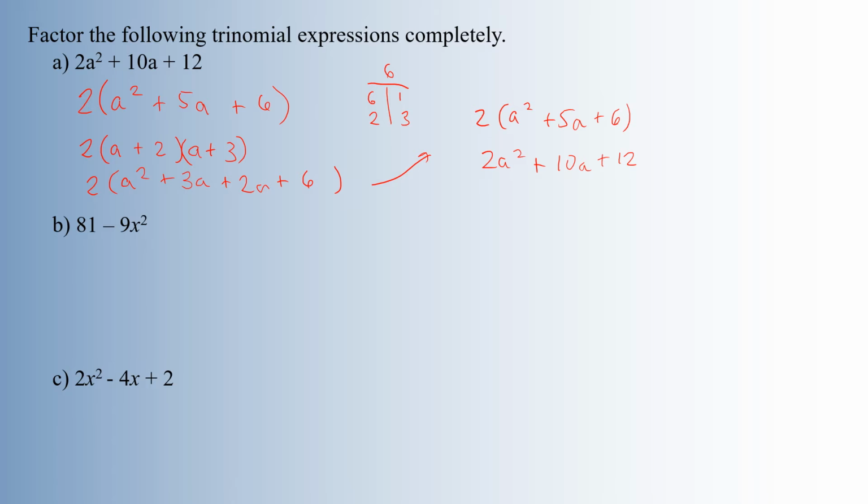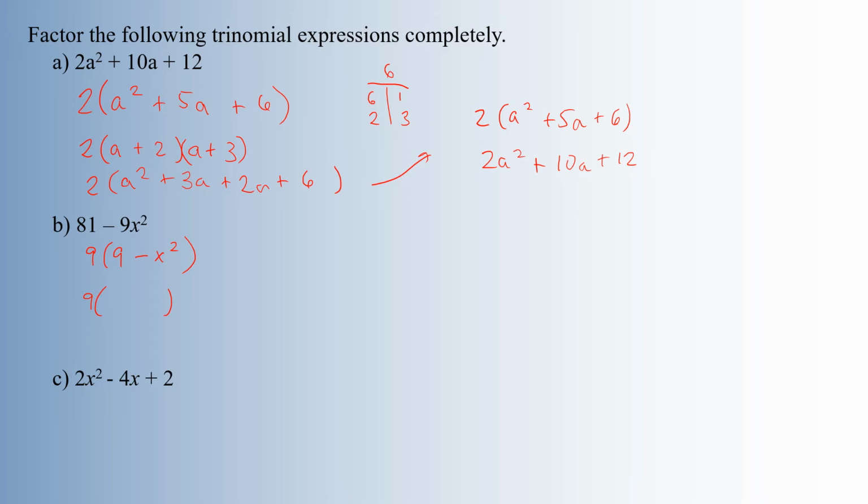Let's take a look at b here. We have 81 minus 9x squared. I'm looking for a greatest common factor, and that's going to be 9. So 9, now I have the parentheses, 81 divided by 9 is 9, and minus 9 divided by 9 is 1, so x squared. Okay, so now I'm going to see if I can factor this more. I notice that's the difference of 2 squares.